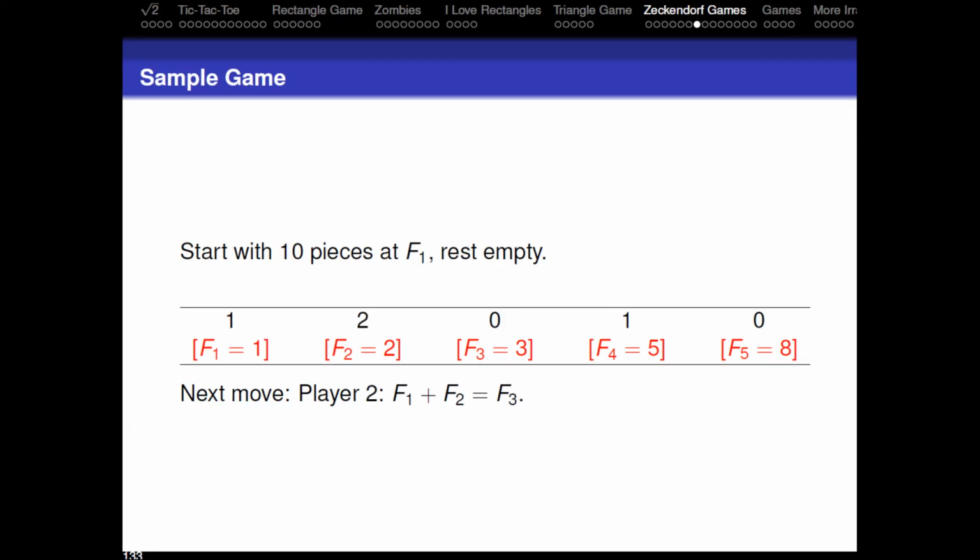I chose not to. Now on this turn, I can take 1 from F1 and 1 from F2 and make an F3, or I could split up the F2. Now on this one, I could take an F3 and an F4 and make an F5. What else could we have done?